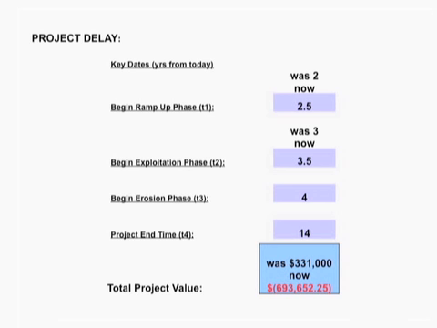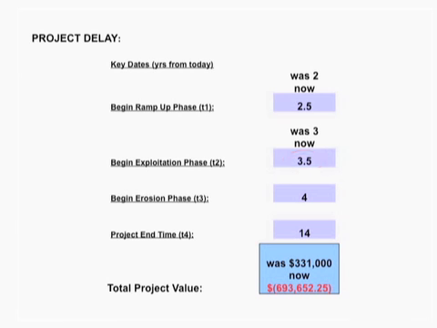Alternatively, if we look at the next graphic, what happens if we delay the project? In this particular case, and this actually happened in a real case recently, management wanted to delay the project by 6 months while they made up their minds. We put in the impact of delaying, firstly, the ramp-up time, because we're going to wait longer to ramp up, and then secondly, delaying the exploitation time because it's going to take longer to get exploitation.